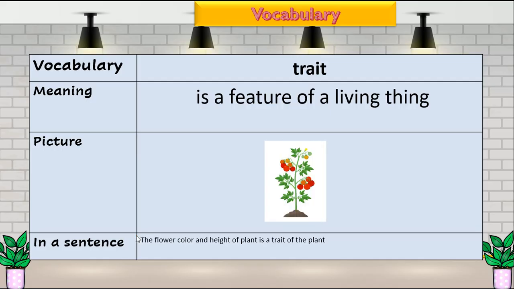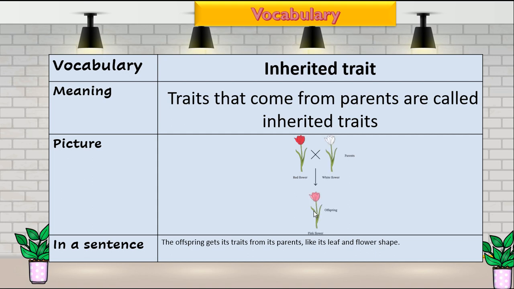Okay, so here's trait, the feature like red fruit, yellow flower, small green leaf, tall stem. These are our traits. They come from the parents, so we call them inherited. Remember to look for this word. In just means it's inside of it.